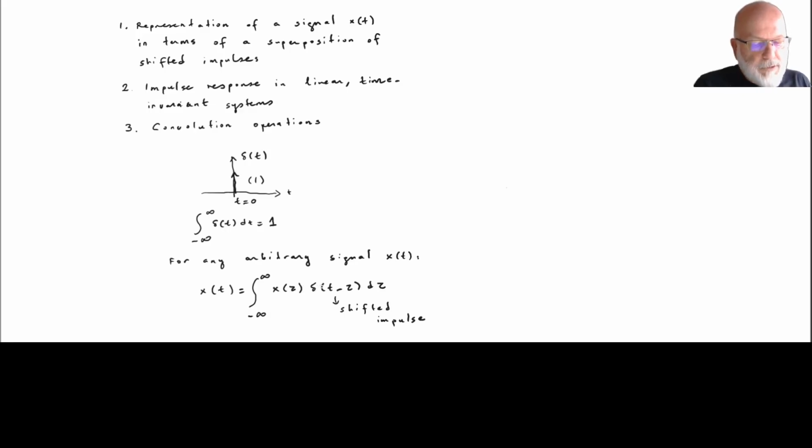So multiplication is one operation, and then we integrate. But integration is a generalization of summation. Therefore, this is a superposition expression. That means we express x of t in terms of a superposition of shifted impulses. So the first item is quite clear from the properties of the impulse signal. Okay.